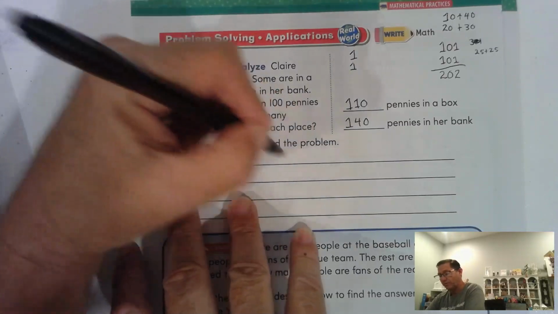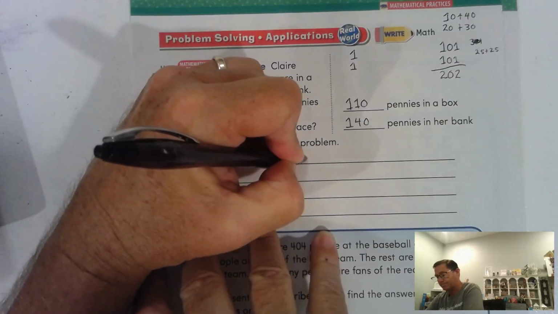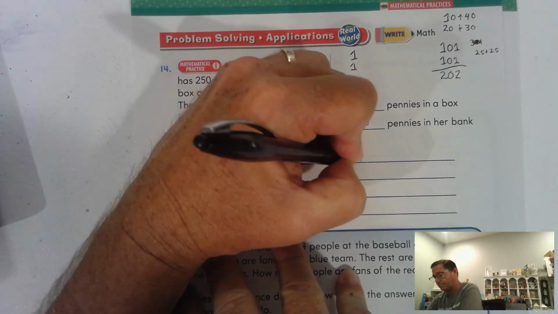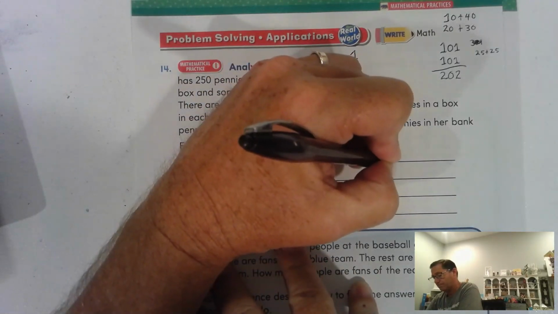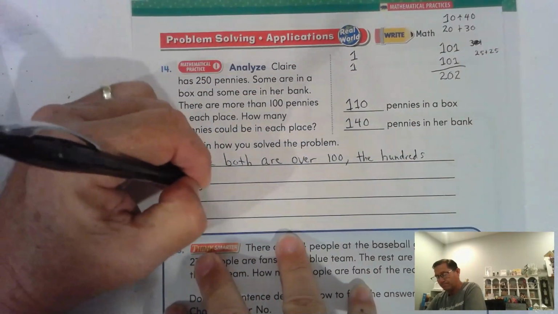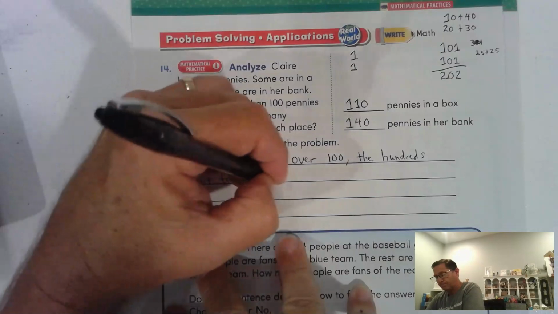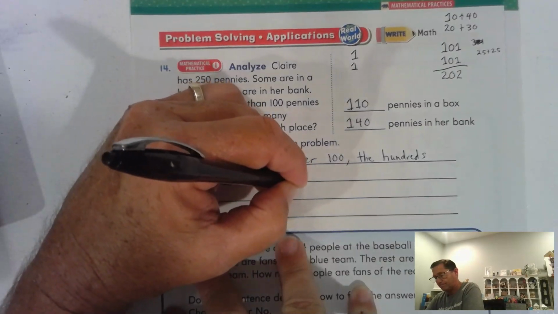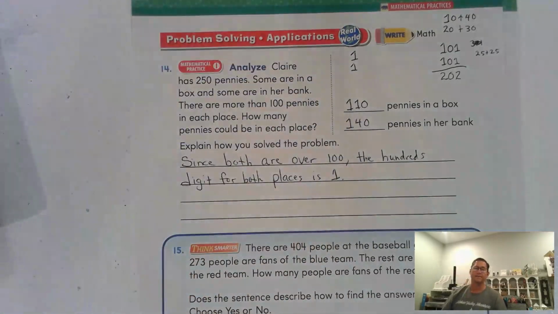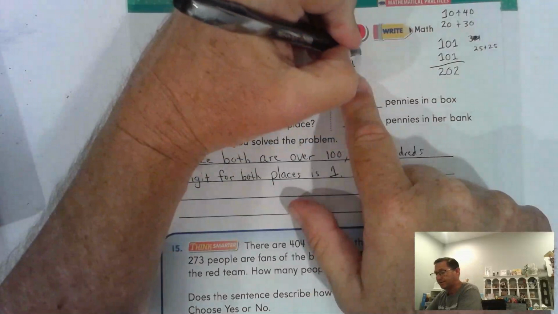Since both are over 100, the hundreds digit for both places is 100.